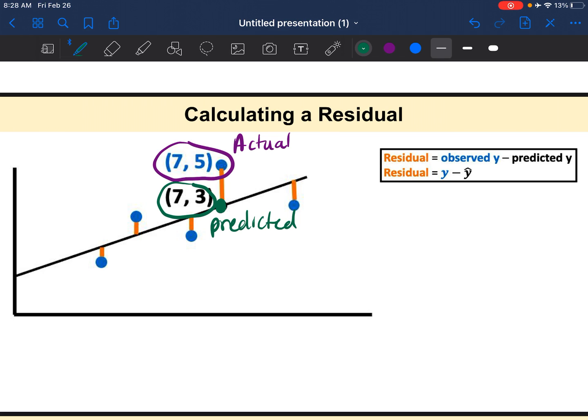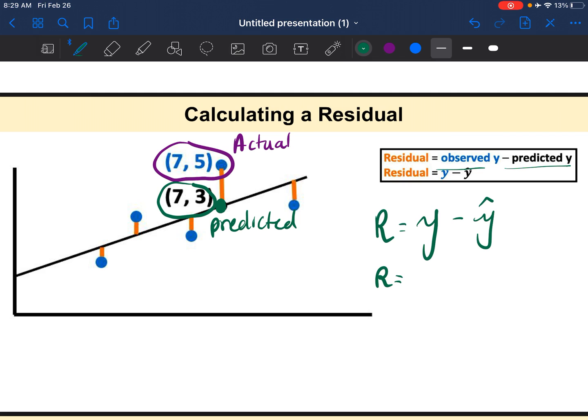That is what the model says I'm going to get. So when I put this all into my equation, my residual, and I can use a capital R here, is going to be my observed y minus predicted y. My observed y is the y that actually happened, minus my predicted y, the y I get from my equation.